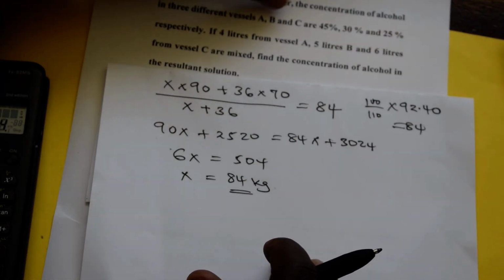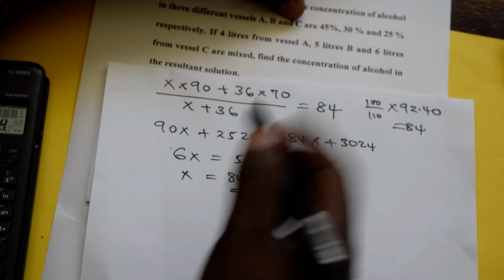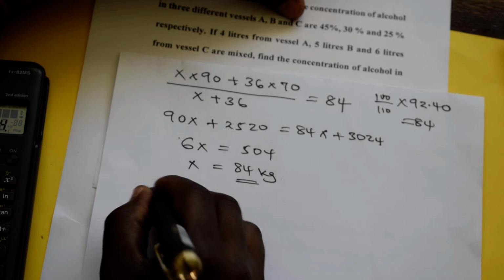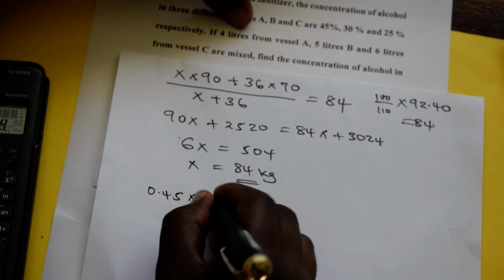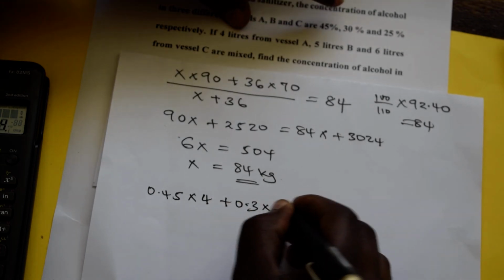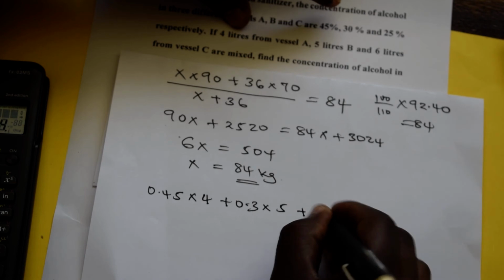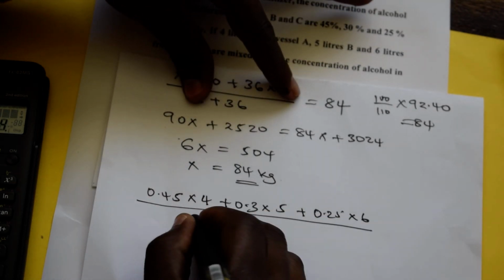The first one has a concentration of 45. So we are going to use the concentration as 0.45 multiplied by 4 liters plus 0.3 multiplied by 5 liters plus 0.25 multiplied by 6. Then we get to know the concentration.